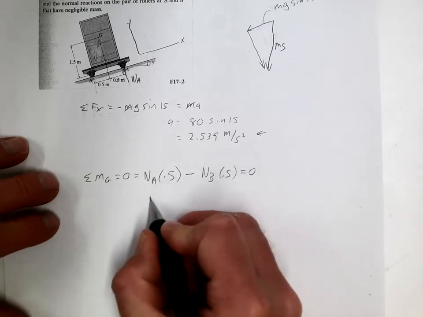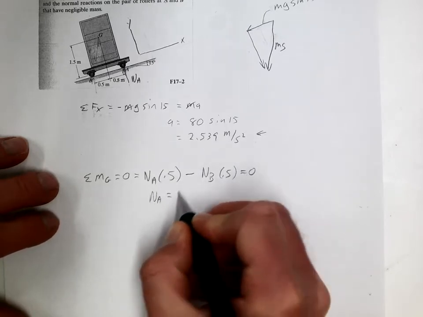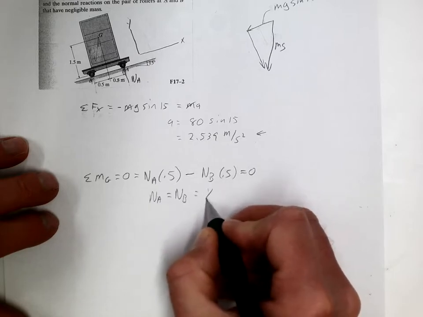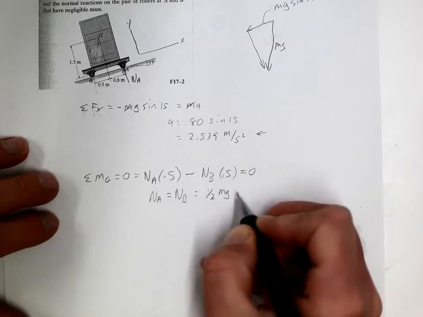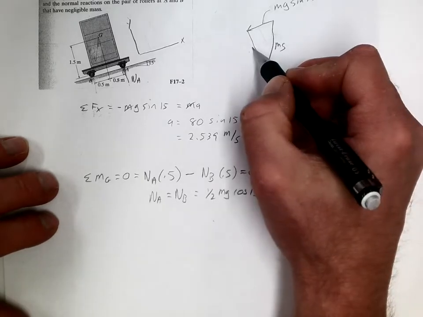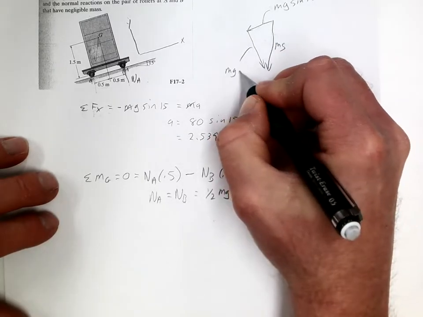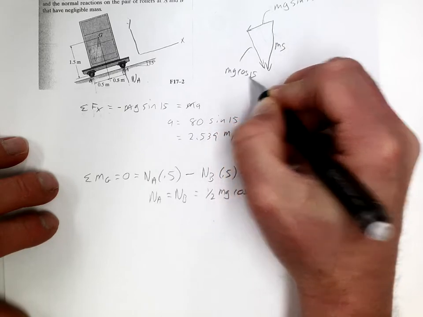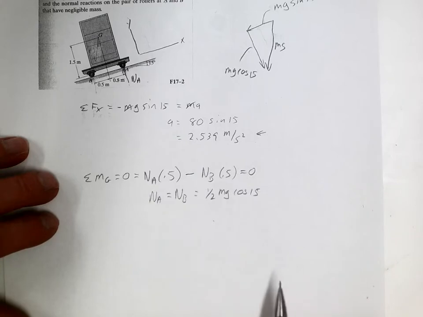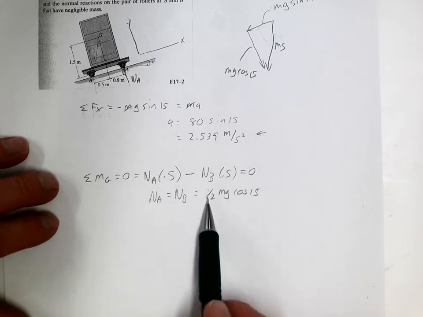So the normal at A is equal to the normal at B, which will be equal to 1/2 mg cosine 15. That is, this one here is mg cosine 15. And since A and B are equal, they're each going to have 1/2.